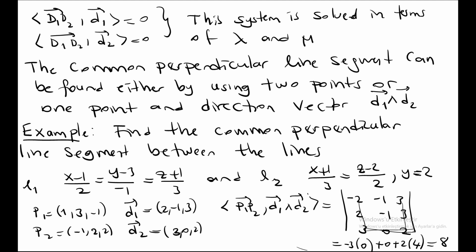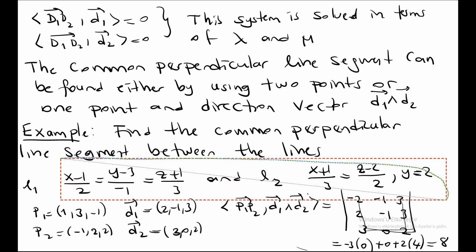Now D1 and D2 are arbitrary points on the lines. So first find these D1 and D2. To find these D1, D2, I need to use these lines.